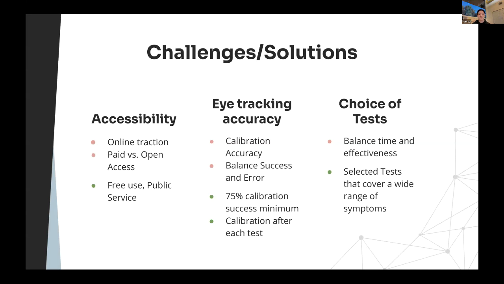So after many tests, we set it at a 75% calibration success minimum. That's what we found most successful, while also not taking too much of the user's time. And third, we had a calibration after each test. This allowed the system to be as accurate as possible, so that the person's results and tests are also accurate as a result.